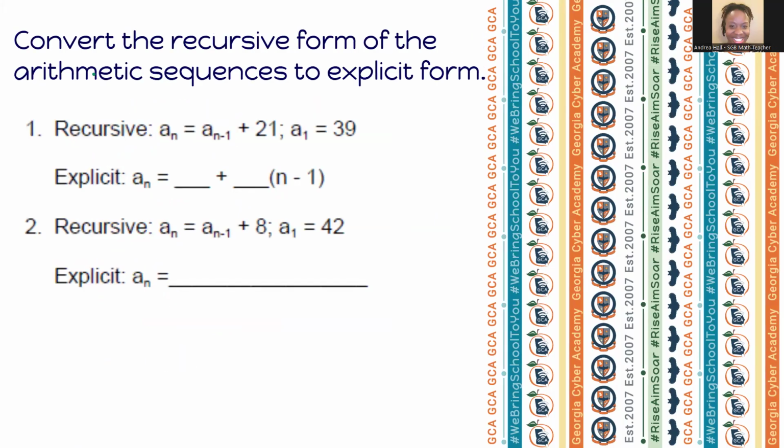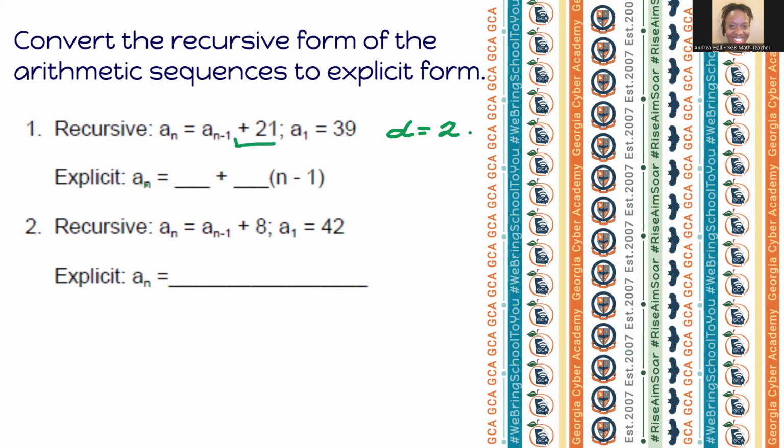All right. How about converting the recursive form of the arithmetic sequence to explicit form? So they give us the recursive form. Well, how do we get the explicit form? They give us all the information we need to know. We know that a sub 1 is 39. We know that d is 21 because it says plus 21 here.